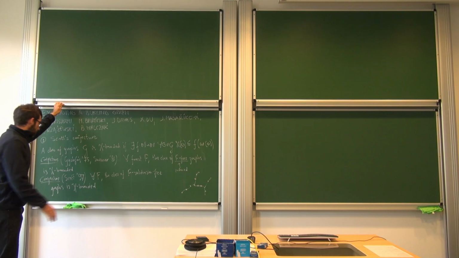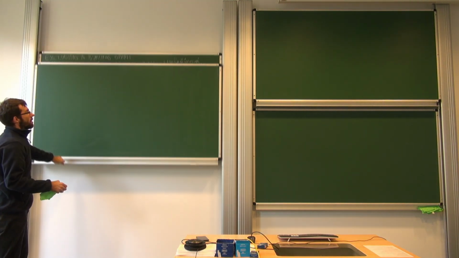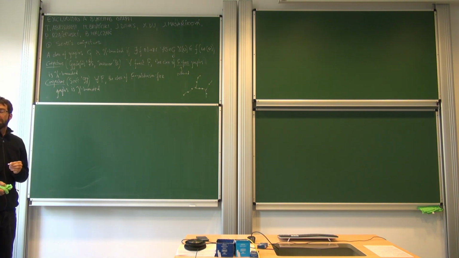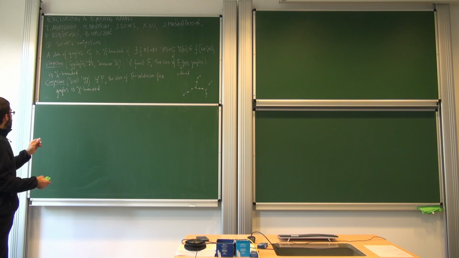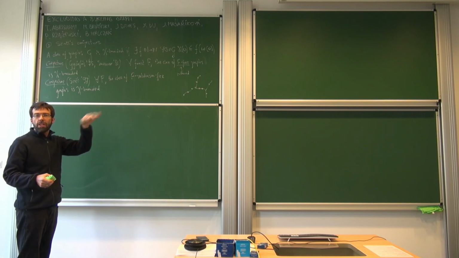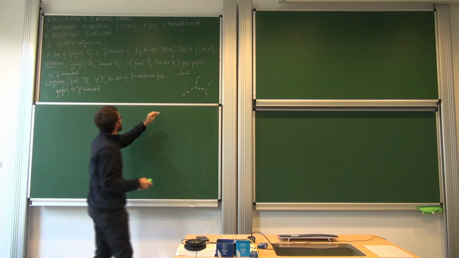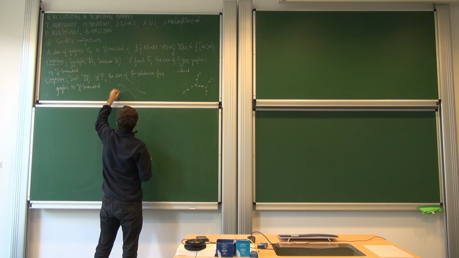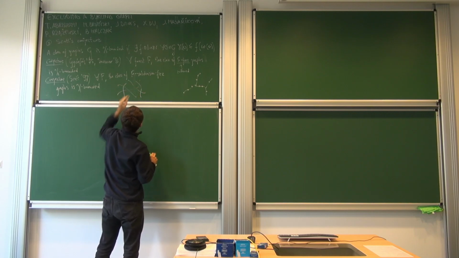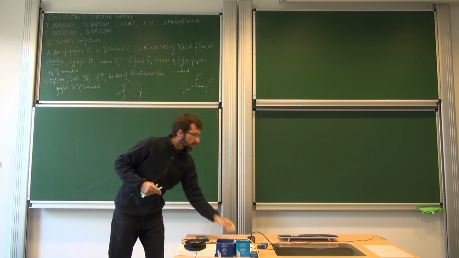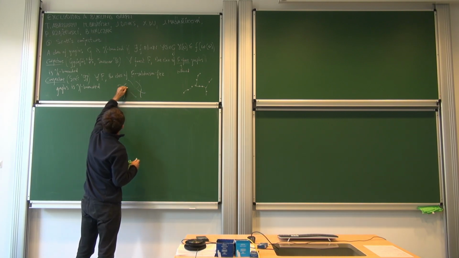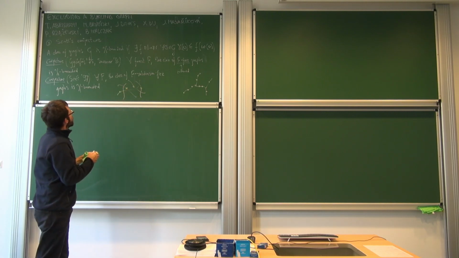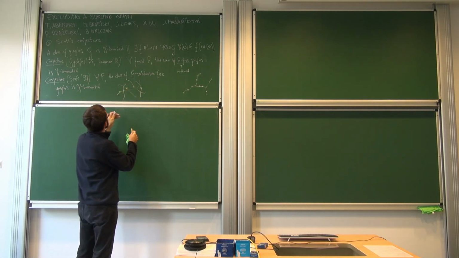And this class of graphs is important in the literature on its own. They are called string graphs. So string graphs are intersection graphs of curves in the plane. So we have some, let me maybe draw it here, some family of curves in the plane, and what we do, we introduce a vertex for every curve, and we put an edge whenever two such curves intersect.